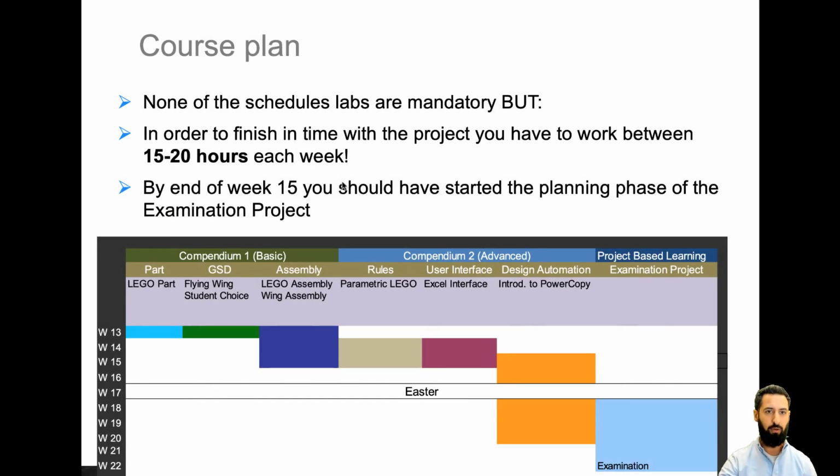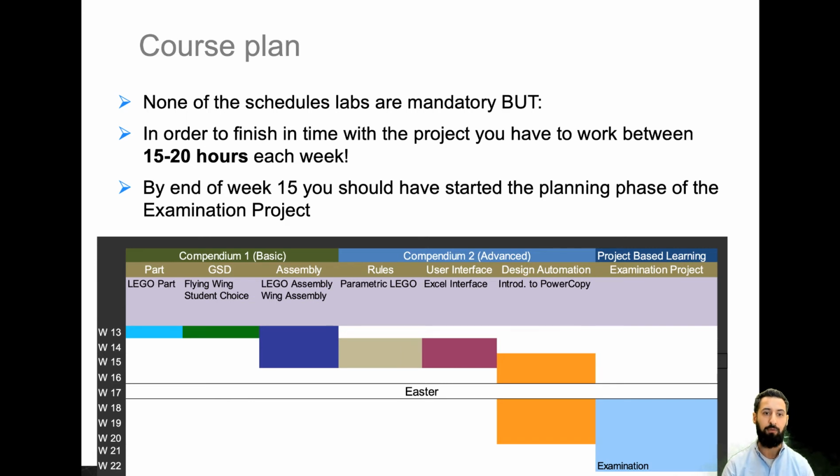Okay, so this is the course plan, and the weeks on the y-axis are not correct. It should start with week 14. That will be corrected in the material on LESAM. But we start with week 14, and I hope that we can somewhat keep this pace.